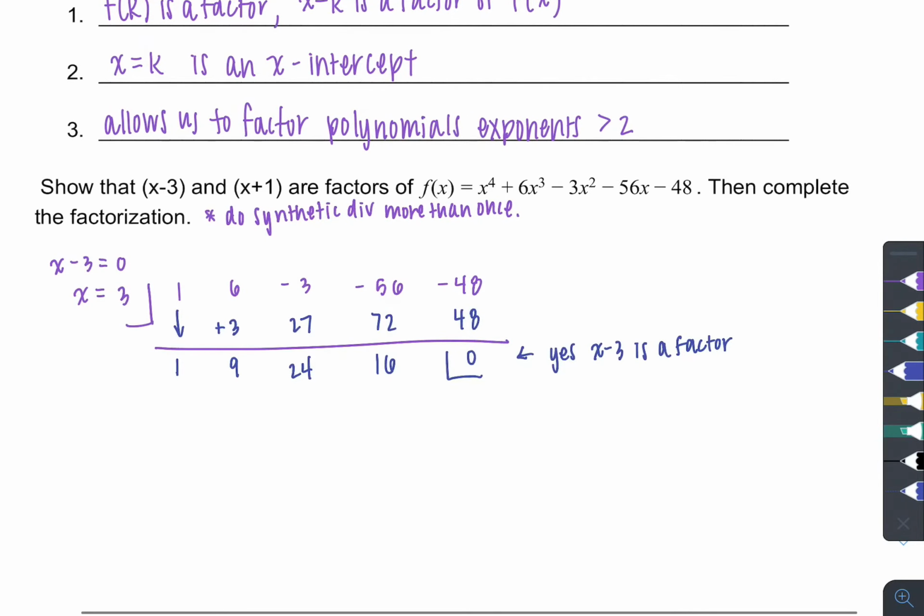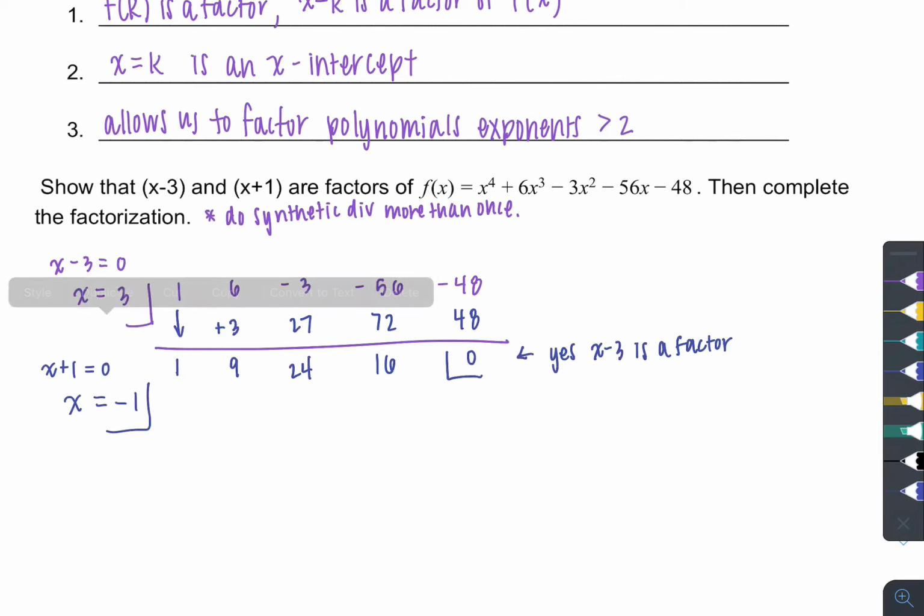All right, so instead of starting over, we're going to keep going. So I'm going to go ahead and do my other one, x plus 1 equals 0, and solve. So there's negative 1. I'm using my last factorization right here to do my next part.